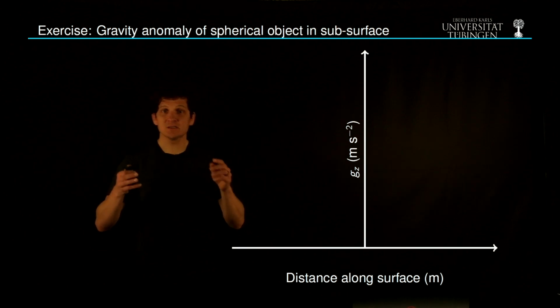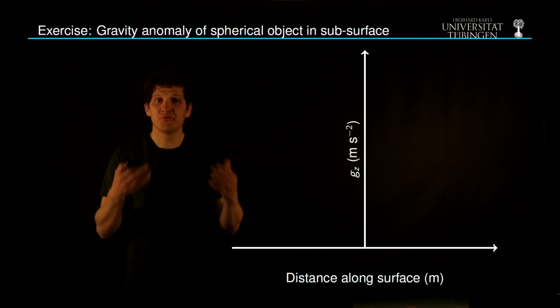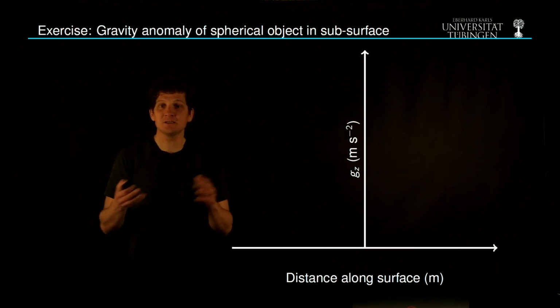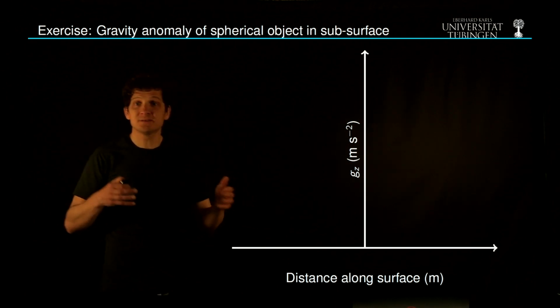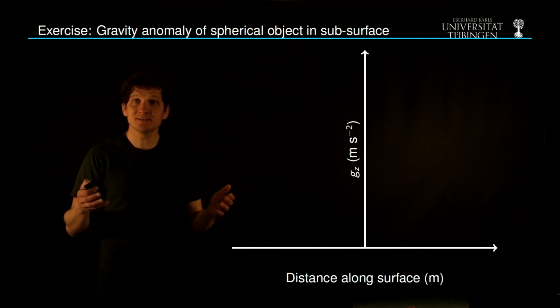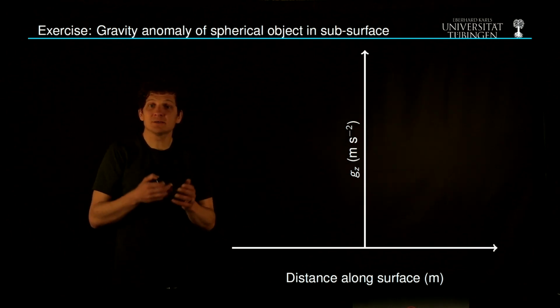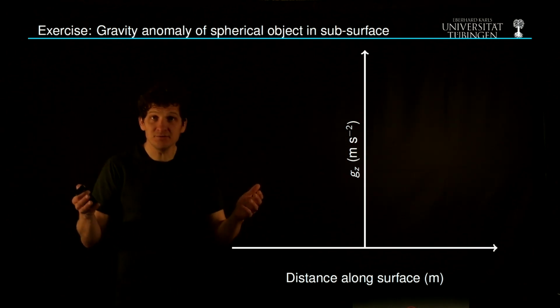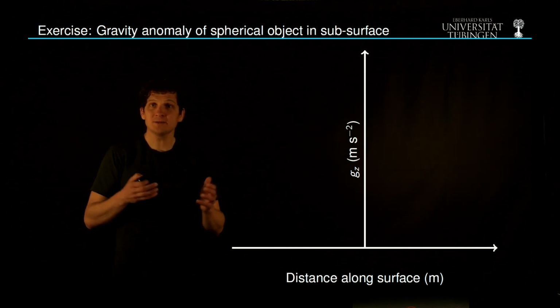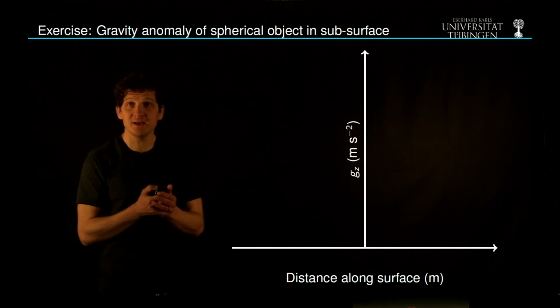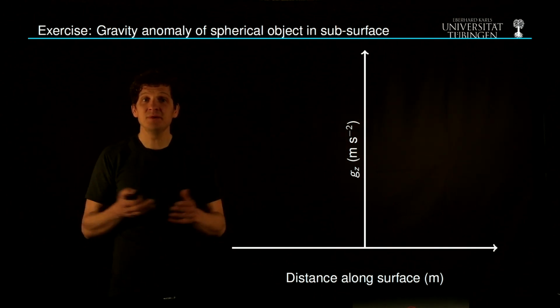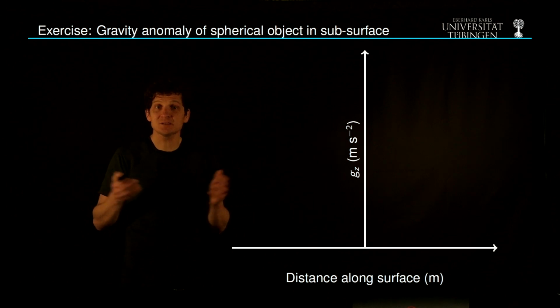And the results of your exercises will be your first forward model, which applies to a spherical target in the subsurface. And even though this is still heavily idealized, it is quite useful because it allows you to investigate sensitivities. For example, what signal magnitude can you expect for a medium-sized cave located tens of meters below the surface in a karst area?